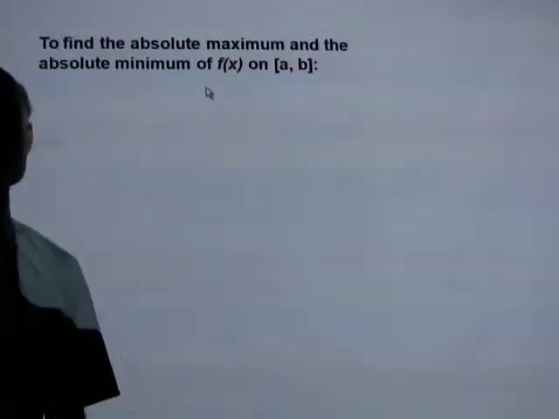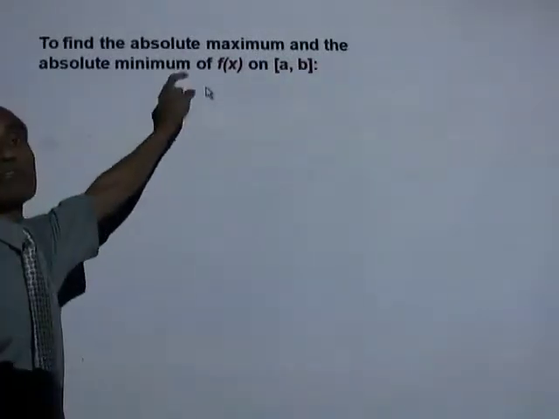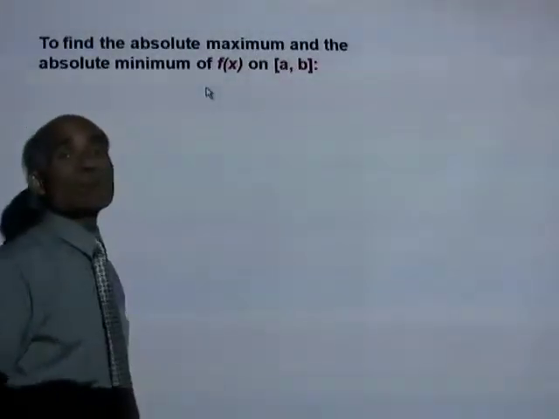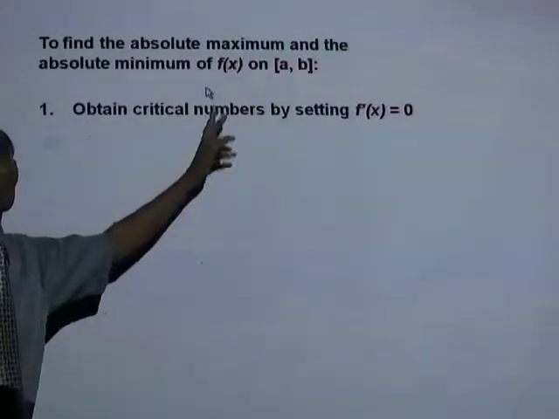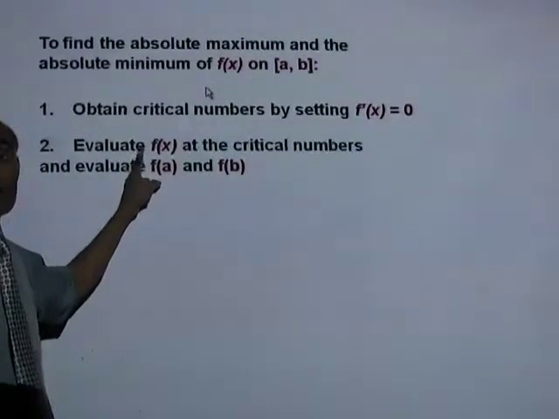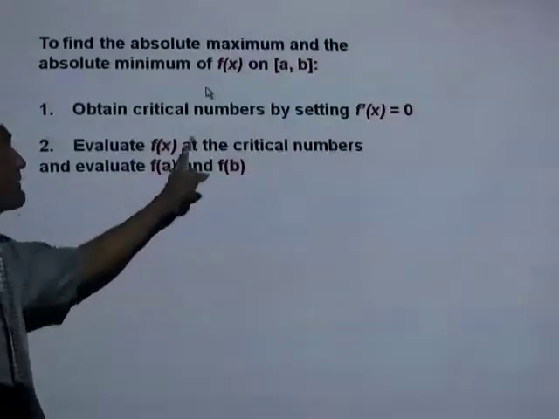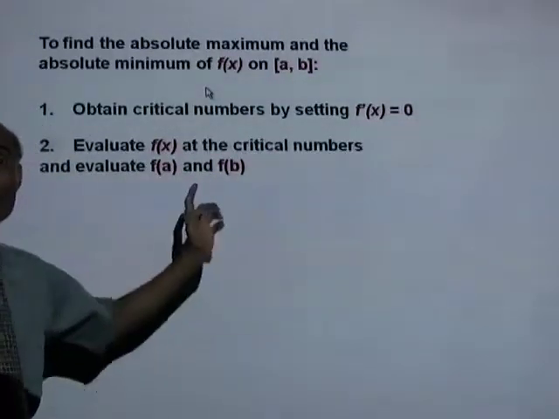Let's summarize this. To find the absolute maximum and the absolute minimum of a function on the interval AB, what do we do? Obtain the critical numbers by setting f prime x equal to 0, and then find the values of the function f of x at the critical numbers and also at the endpoints.